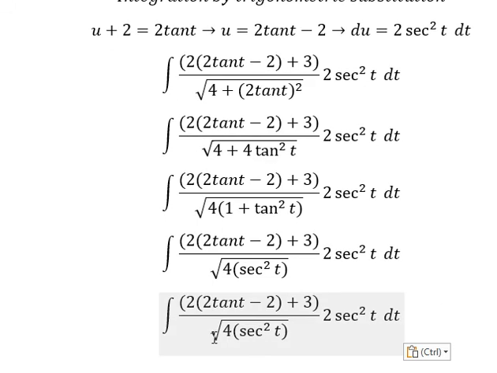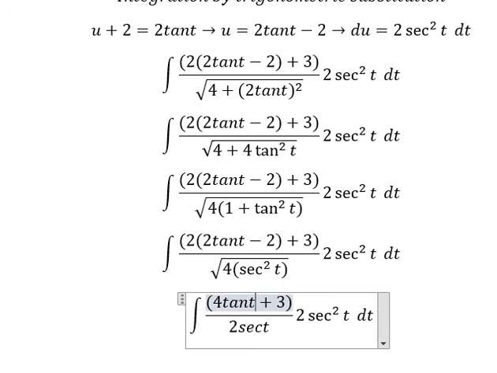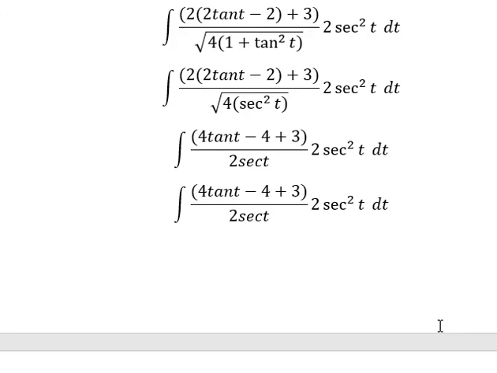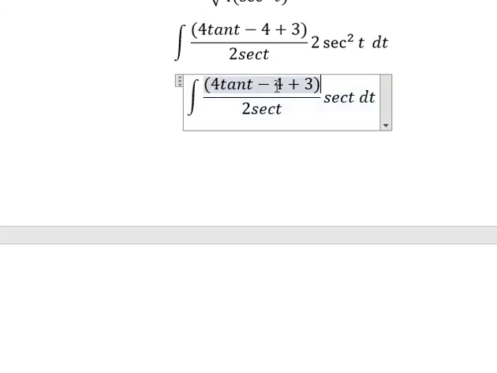The square root of 4 secant of t square, we have 2 secant of t. Number 2 multiplied by 2 tan t and negative number 2. Negative number 4 plus 3, we have negative number 1.